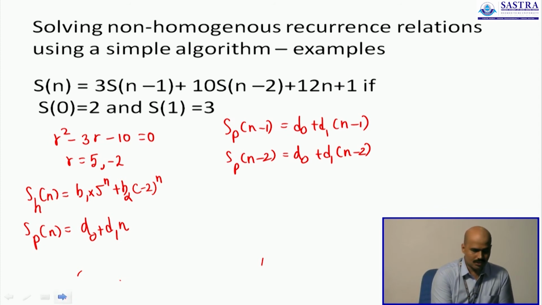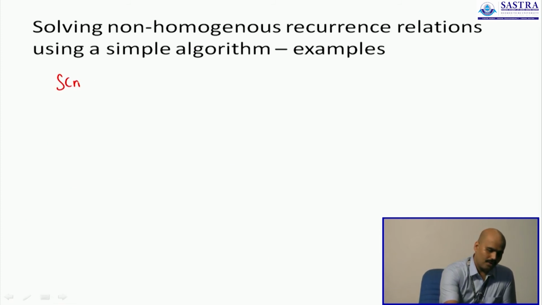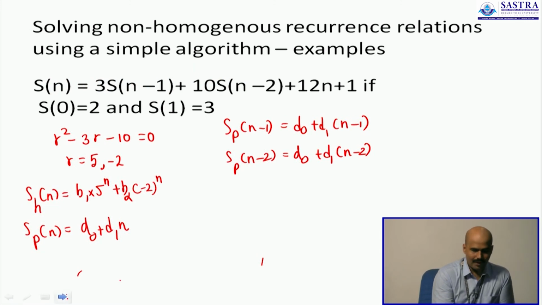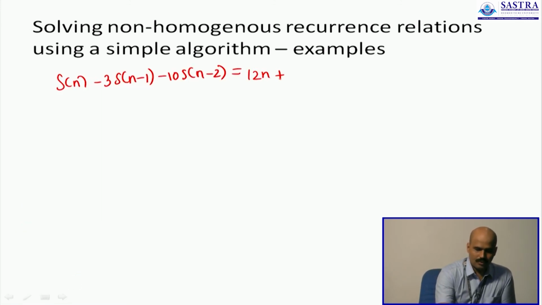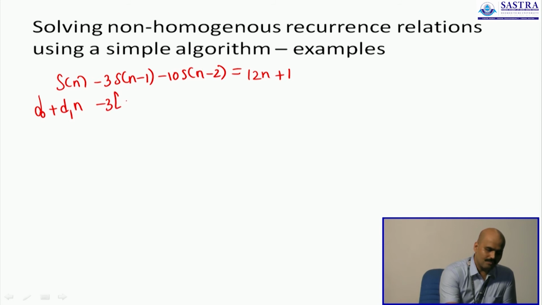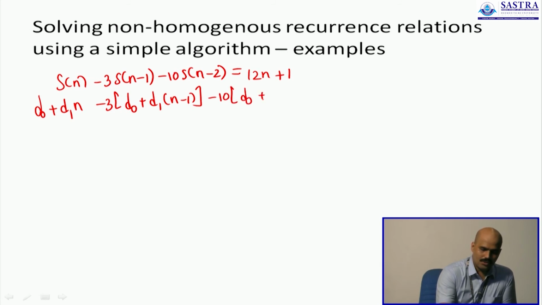The question says S of n minus 3 S of n minus 1 minus 10 S of n minus 2 is 12n plus 1. Let's substitute the answers we wrote. So d naught plus d1n minus 3 times d naught plus d1 times n minus 1 minus 10 times d naught plus d1 times n minus 2, giving us 12n plus 1.